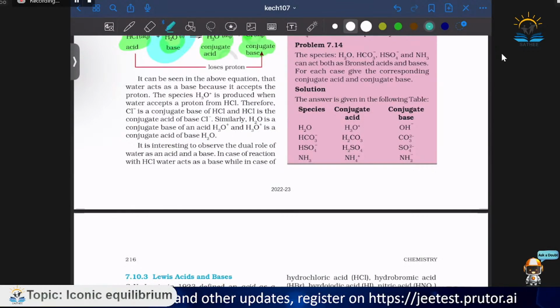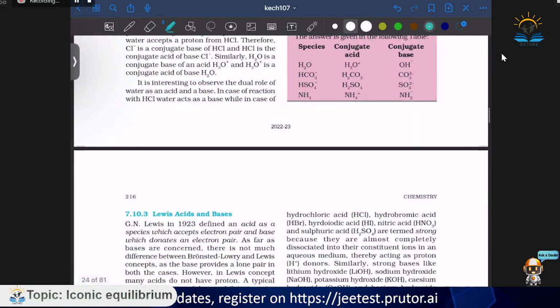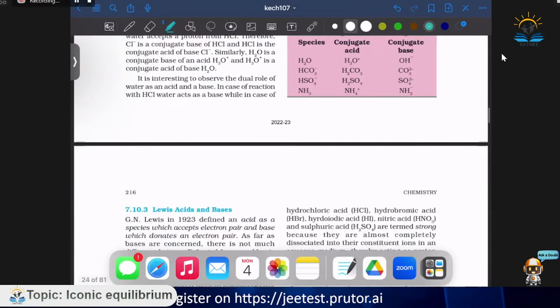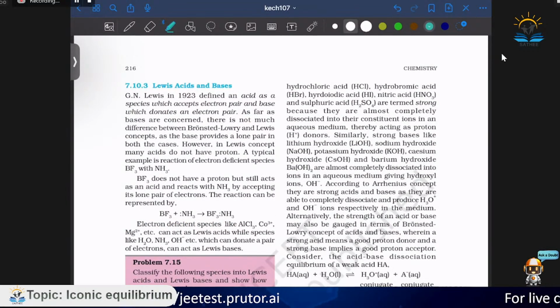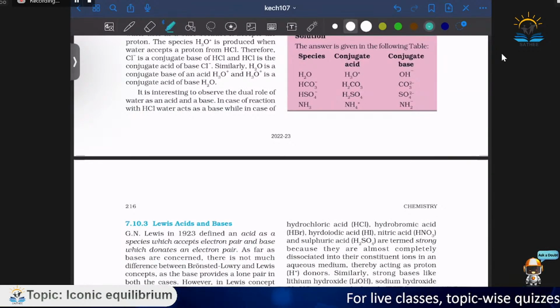We'll come to these substances which show dual role also. For now, let's move on to your Lewis acids and bases. So Lewis defined an acid as a species. So what? See, they have not told any limitations for your Bronsted and Lowry, but even Bronsted and Lowry had some limitations.